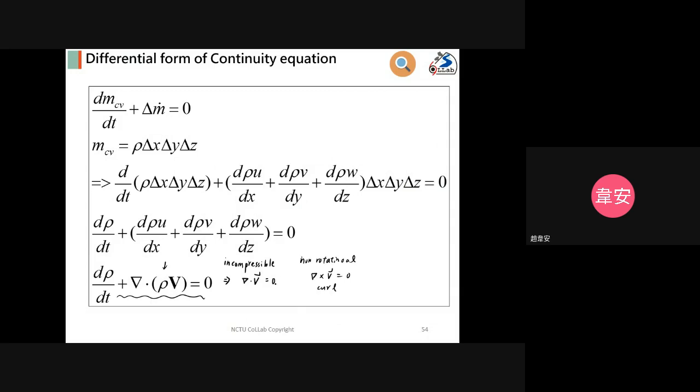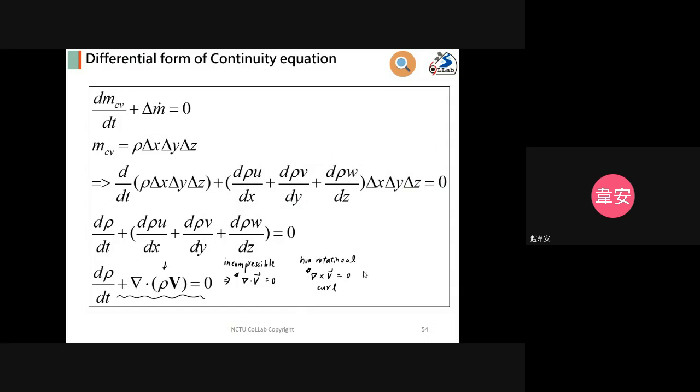So these are two important equations. One is related to the divergence, another is related to the curl of the flow velocity. Equal to 0 is for the incompressible flow and the non-rotational flow.